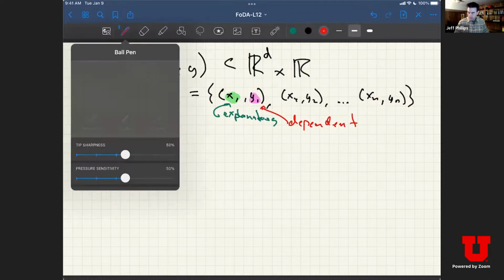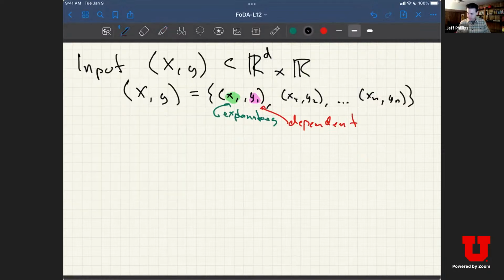Okay, but now each of these xi's is going to be in RD. So this is going to be a vector of explanatory variables instead of just one value, right? So we're going to have more things that can be used to make a prediction on the value y.